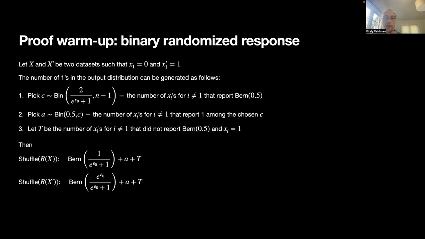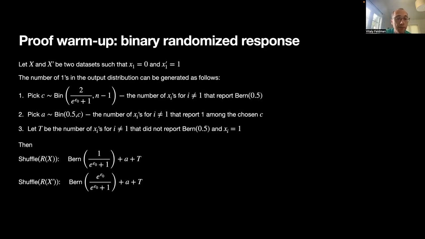It will then add all the ones from A, those who flipped an unbiased coin and returned 1, plus those who reported 1 because they reported their value truthfully, and that value was 1.